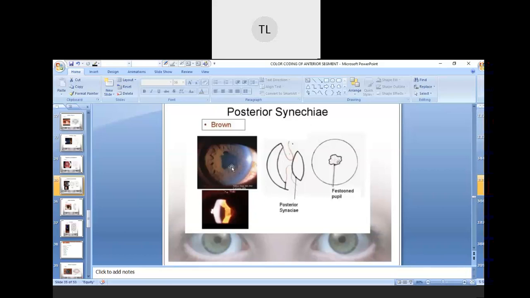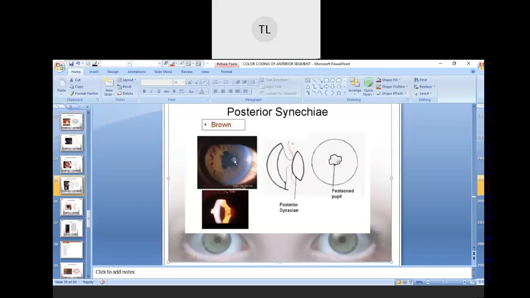The iris gets stuck with the lens at the center, on the surface of the lens. This is how the posterior synechia will look. And always remember one thing: in the case of posterior synechia, the pupil will not be regular.